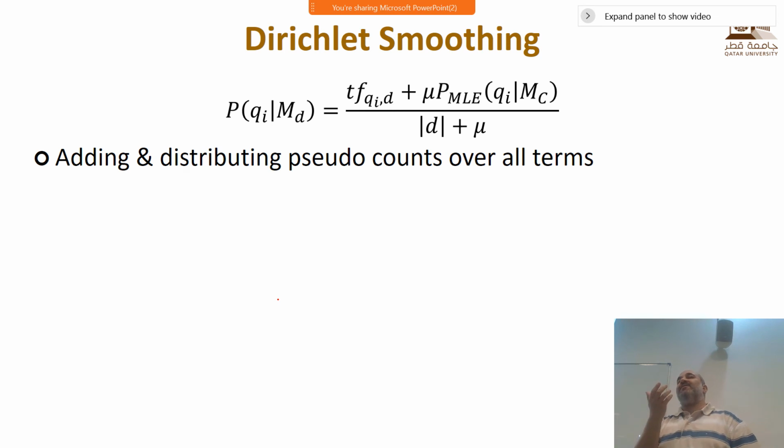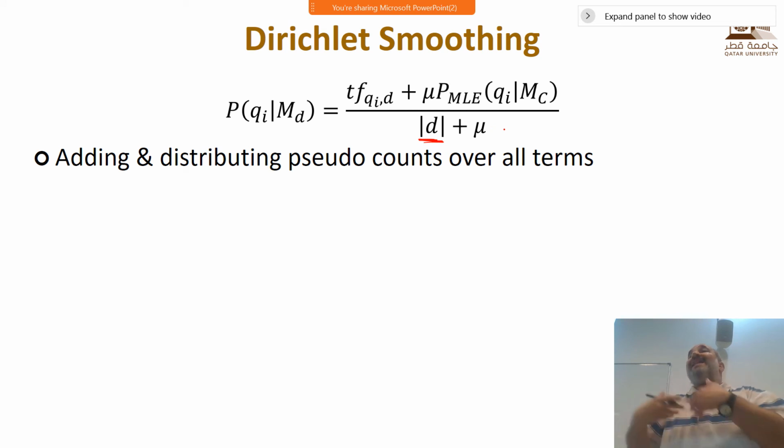So we assume that the length of the document, the cardinality of D, should not be only what we observe, but we will add a constant number of virtual terms, pseudo counts, to the document. Okay, so let's assume that mu here is a parameter. Let's assume that mu is 100.